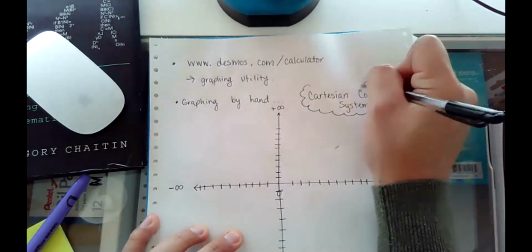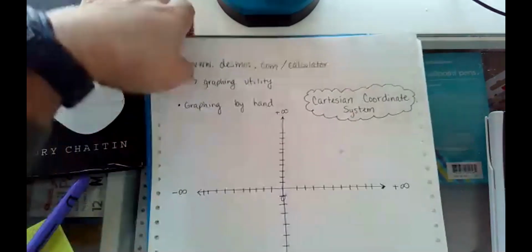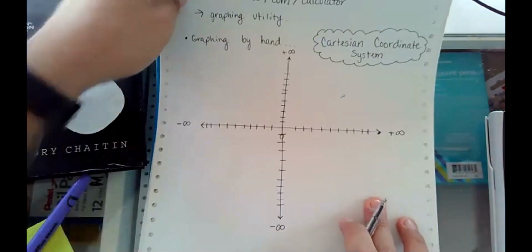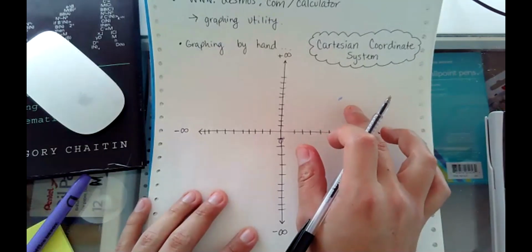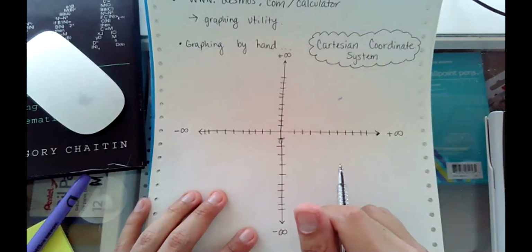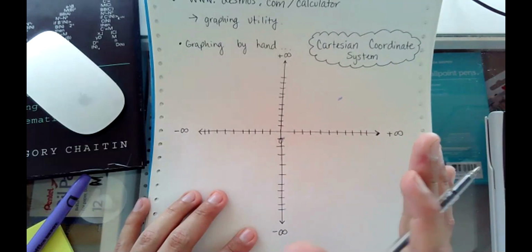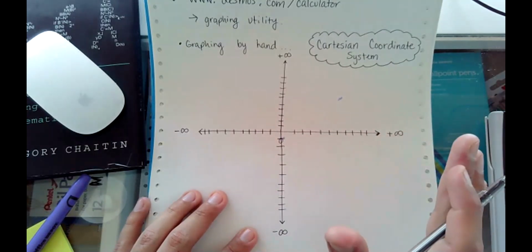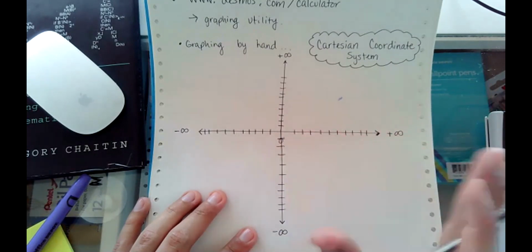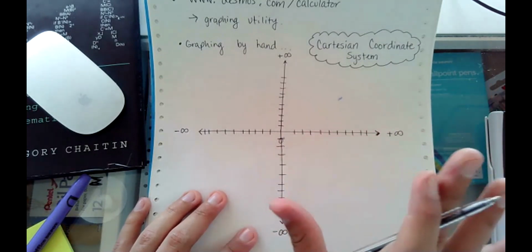But you could think of it as just a graph space. I will call it graph space or the coordinate space. And sometimes it's called the Cartesian coordinate plane. You just have to get used to this ridiculous lexicon that we have in math. Okay, I'll try not to use too many different synonyms. I'm not trying to confuse you.